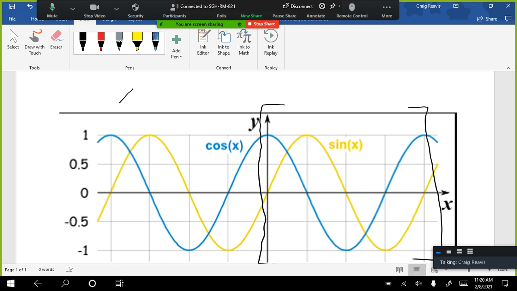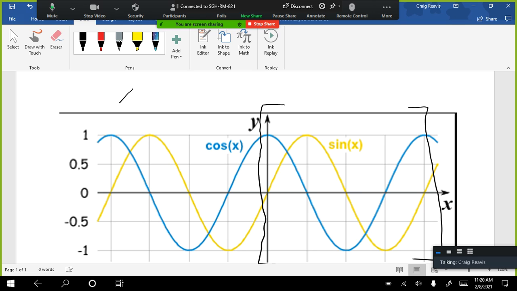Okay. We said a period. All right. Because these sine and cosines are waves that just go up and down, up and down, up and down. It repeats itself over and over and over again. So one period is one complete cycle from where it starts, in this case at 0, and when it gets back to that point.